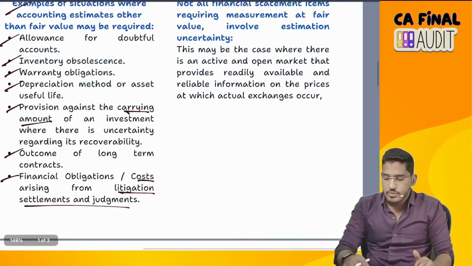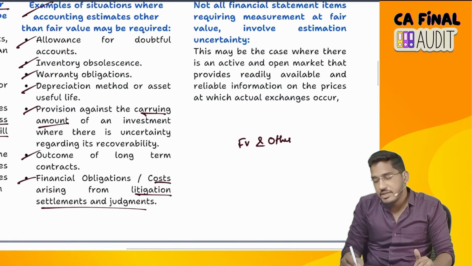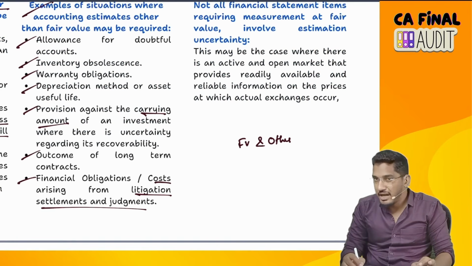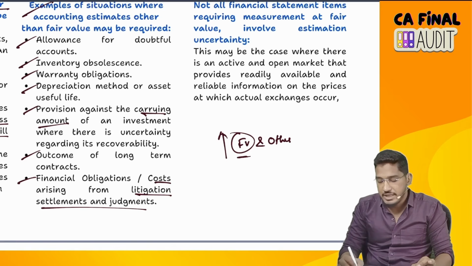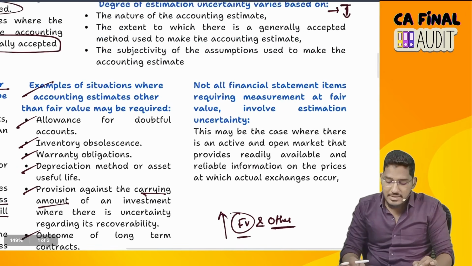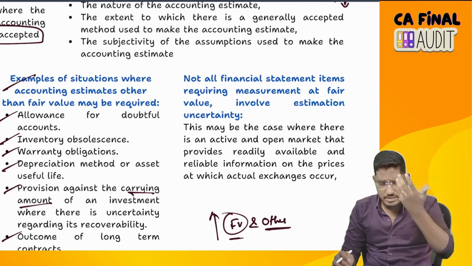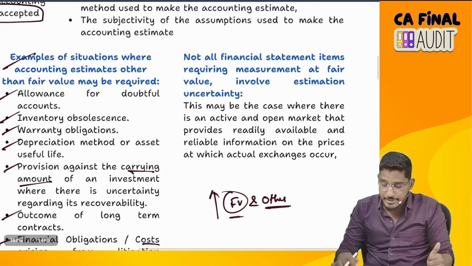And also, if I ask you one question, between fair value accounting estimates and other accounting estimates, where will estimation uncertainty be a little higher? The estimation uncertainty will be a little higher in the case of fair value accounting estimates when compared with other than fair value accounting estimates. But that doesn't mean all fair value estimates will have high estimation uncertainty.